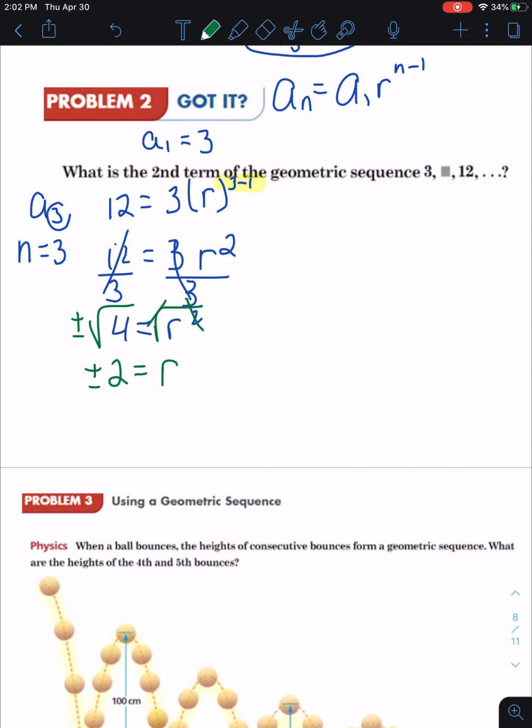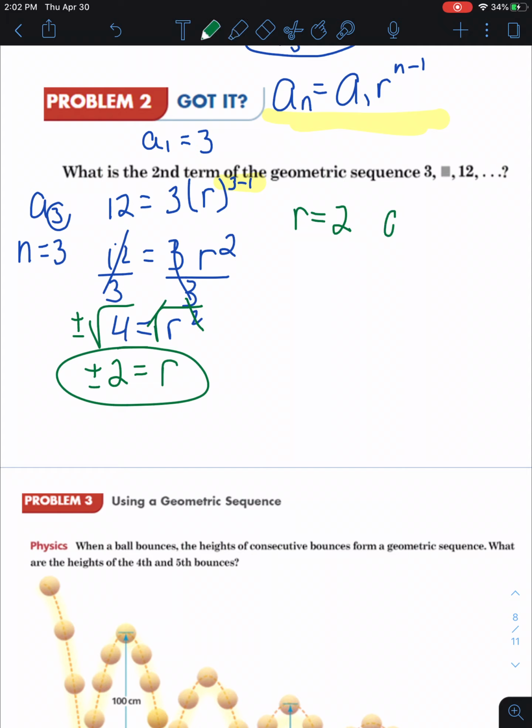All right, now to find my second term. All right, so let's use r is 2. So if r is 2, then we would stick into our formula up here, which is a sub n, second term, which we don't know yet. We're trying to find.